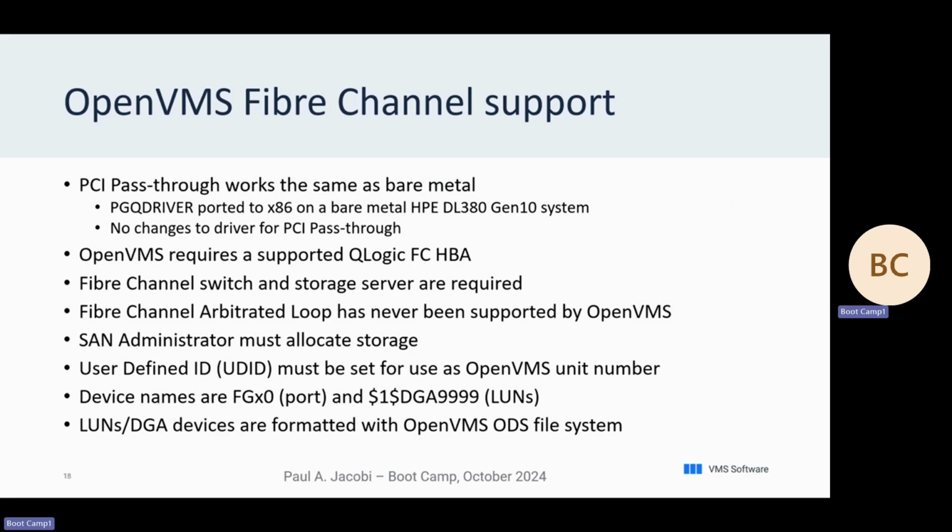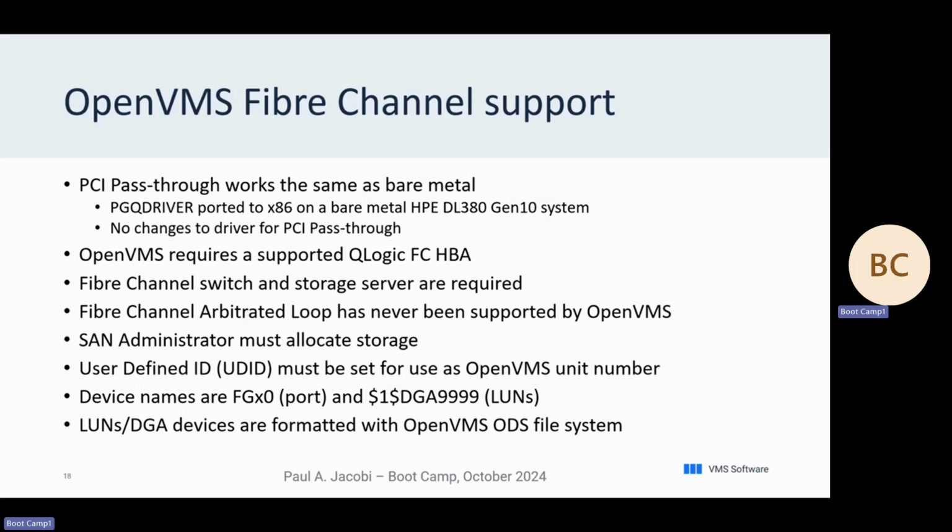And then when you do all that, you'll see device names such as FGA0, FGB0 for the port, and LUNs would be $1$DGA and your unit number. I think you only see those if you also create a LUN 0. No, not anymore. As long as the OS unit ID is on the presentation from the storage array, you'll get a DGA number.